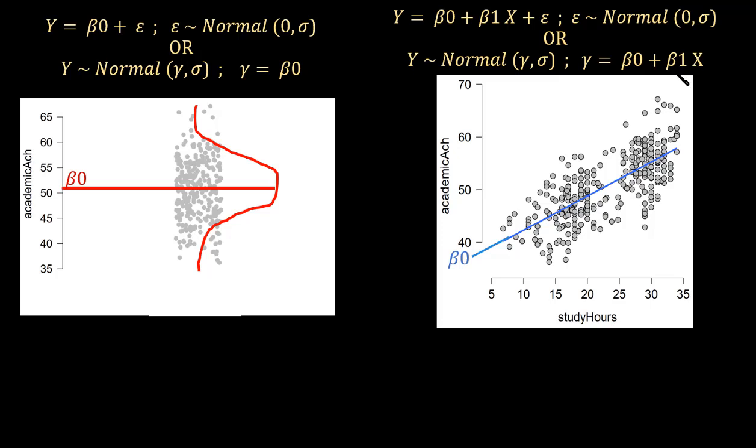The parameter will multiply the values of the variable x, and now the linear model becomes a line that has some slope.